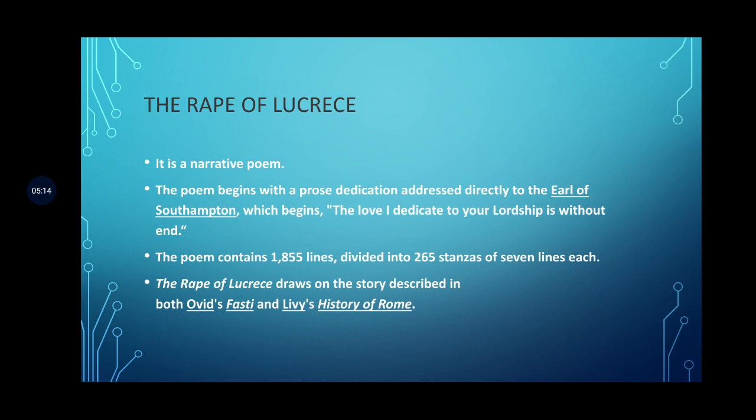The poem contains 1,855 lines and it has been divided into 265 stanzas of 7 lines each. You need to know to whom it is dedicated and how many lines it contains. Now, this particular narrative poem draws on the story described in both Ovid's Fasti and Livy's history of Rome.